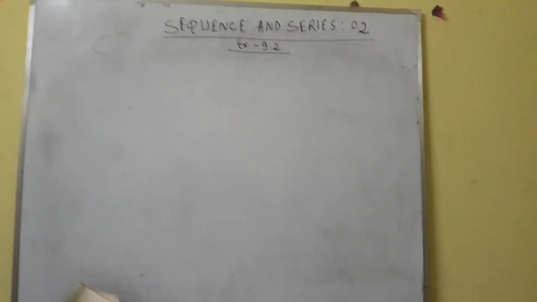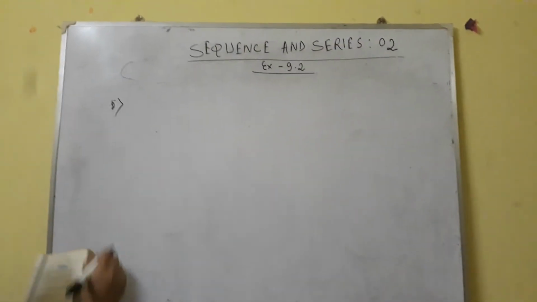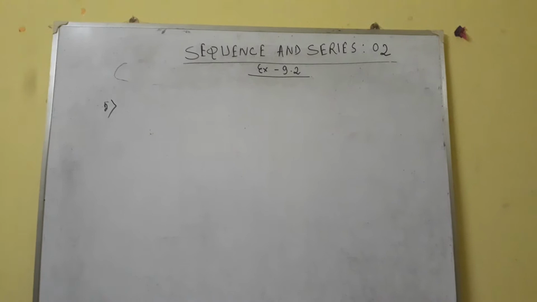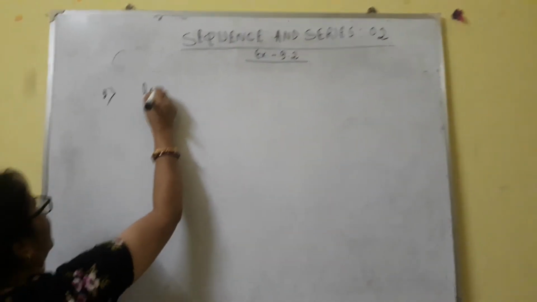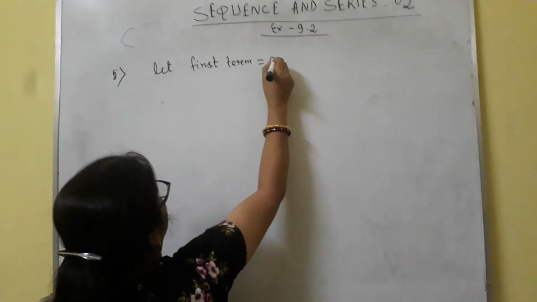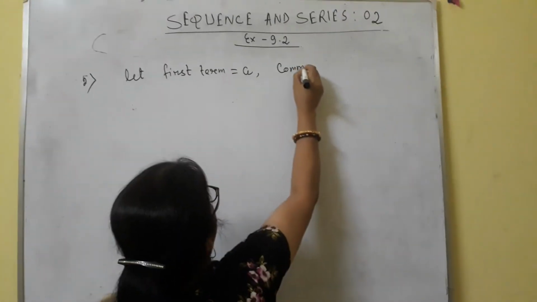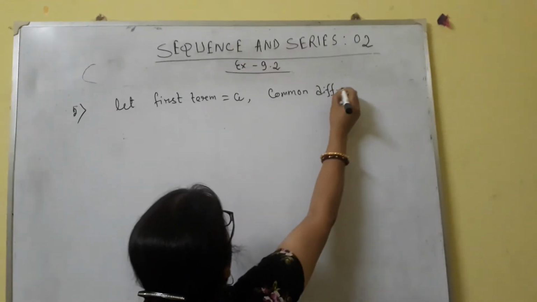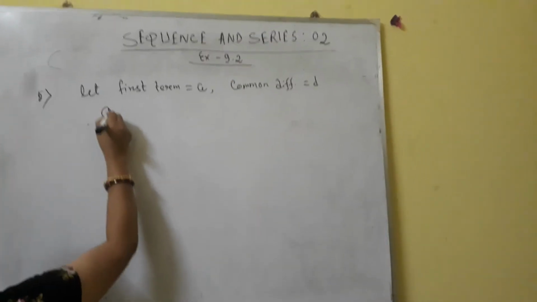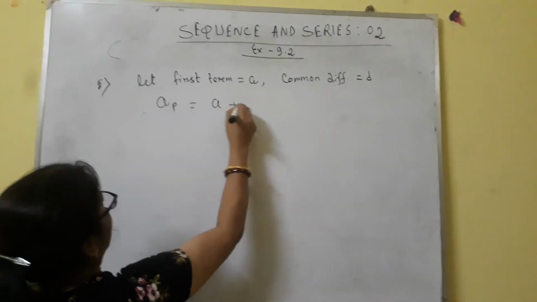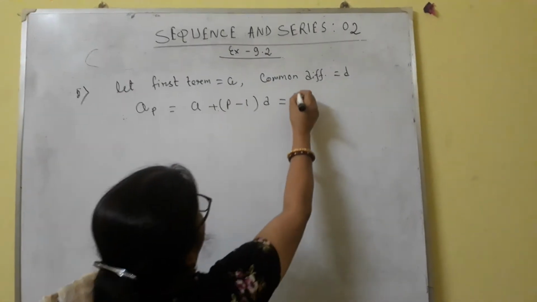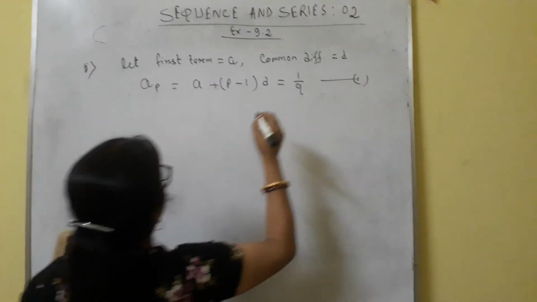Now, question number 5. In an AP, the Pth term is 1 by Q and the Qth term is 1 by P. So let the first term be A and the common difference be D. Now the Pth term, AP, equals A plus (P minus 1) into D, which equals 1 by Q. Equation 1.